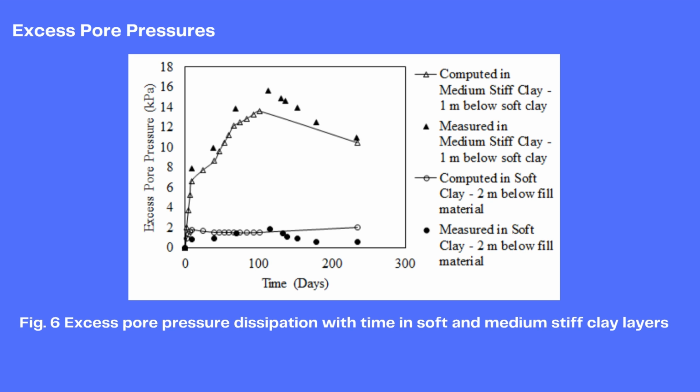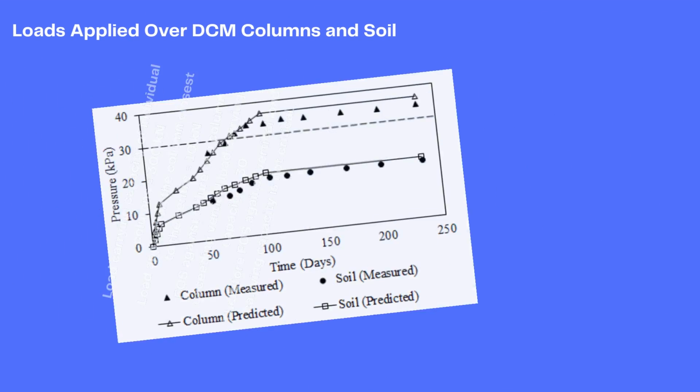The reason is, closer to the surface, closer to the groundwater table, we have set up a zero pore pressure boundary condition. Because of that, pore water pressures are high within the soft clay layer.